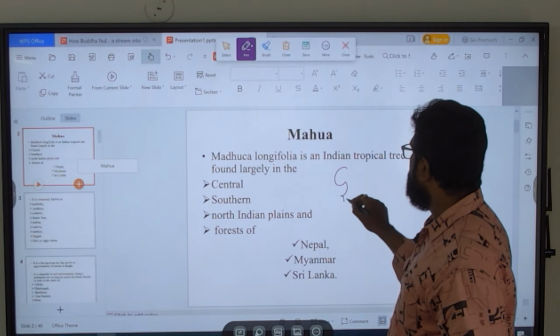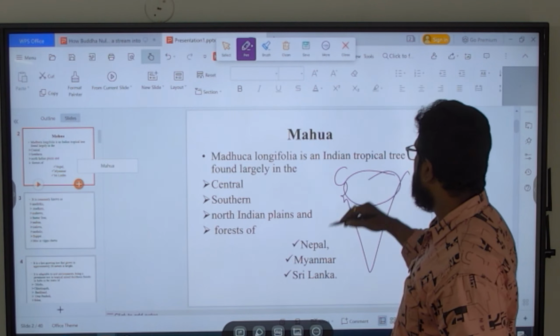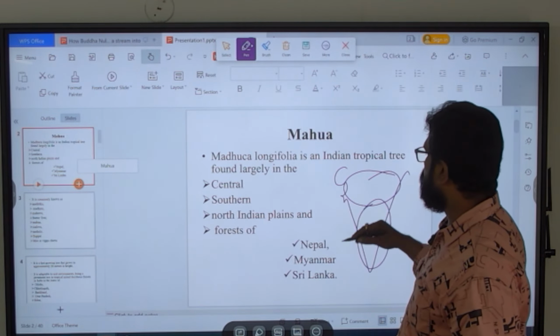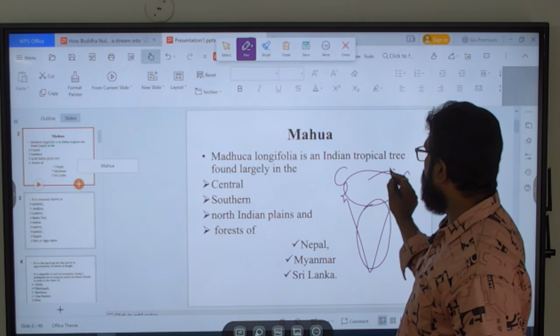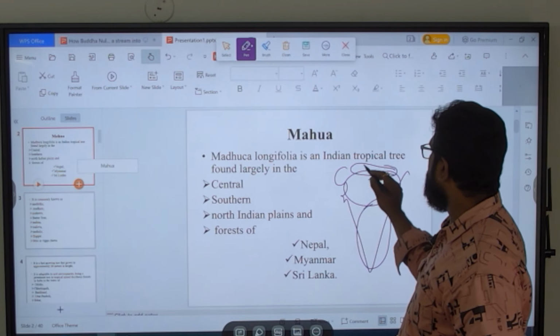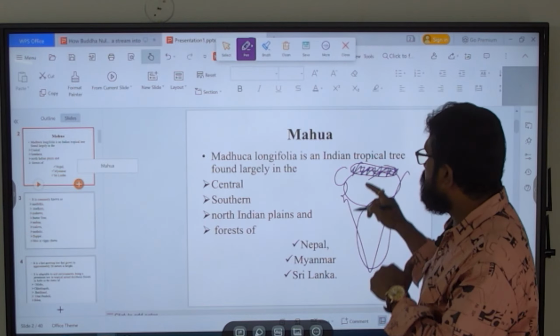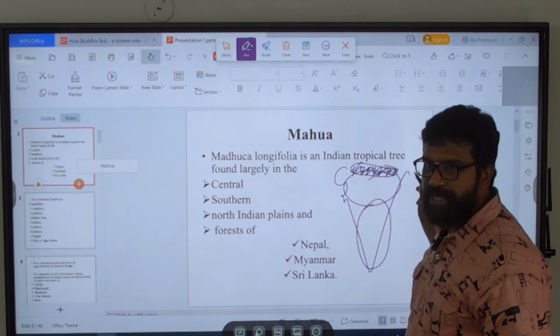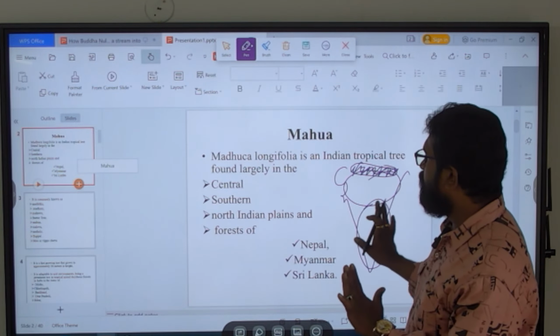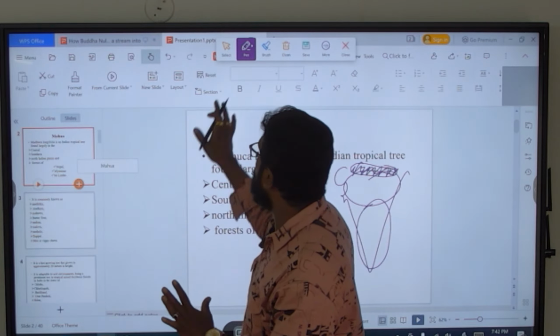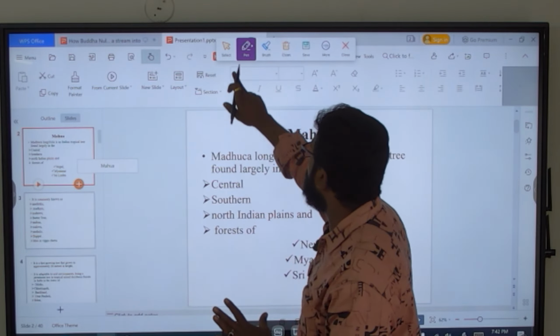In central India it is there, southern India also, and also in the northern plain region, Uttar Pradesh, Bihar and all, you can find these kinds of trees. But this tree is not in the Himalayan mountains and northeastern states, right?